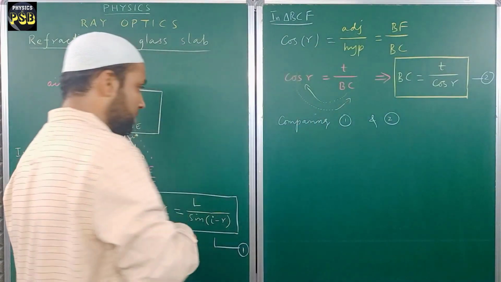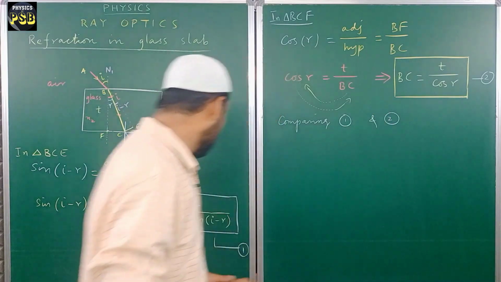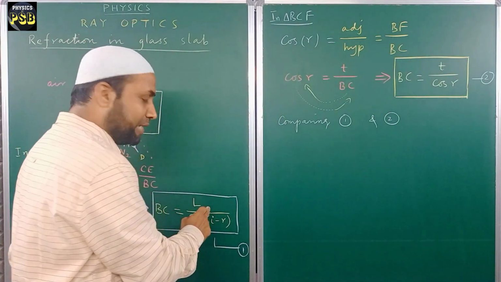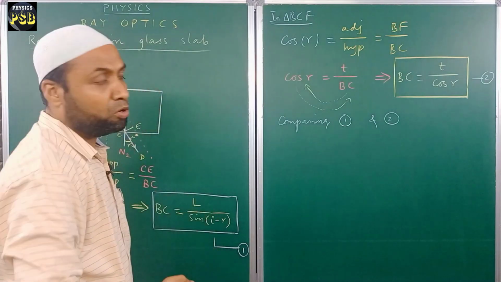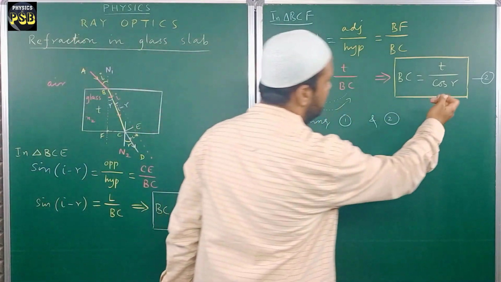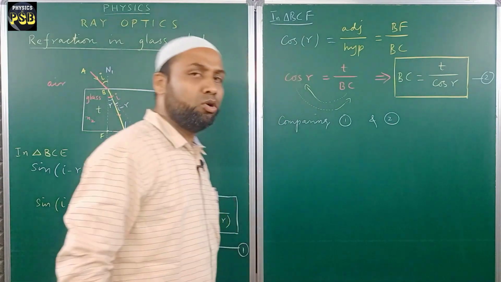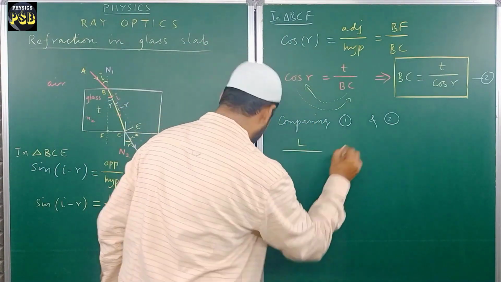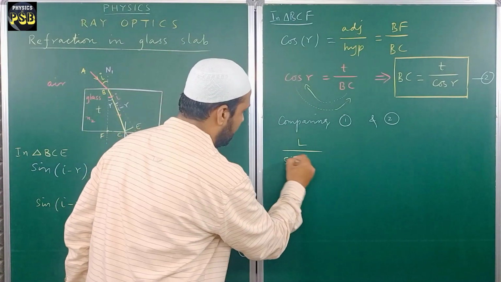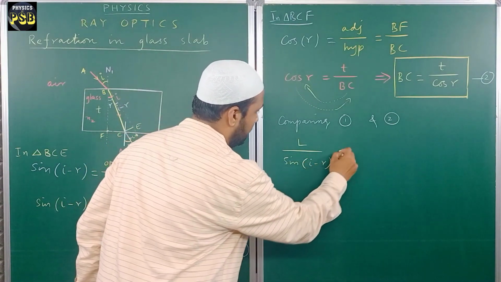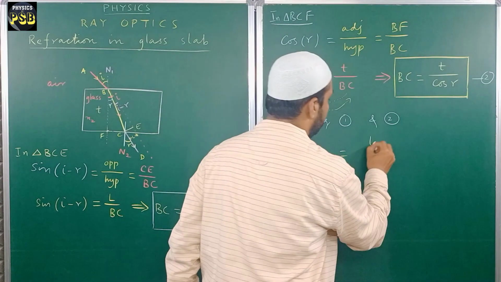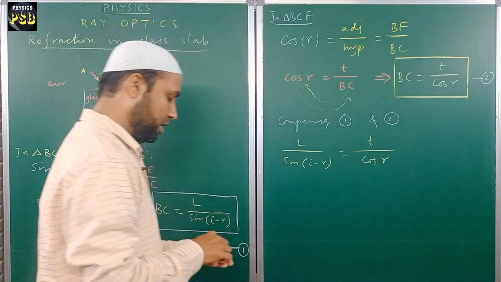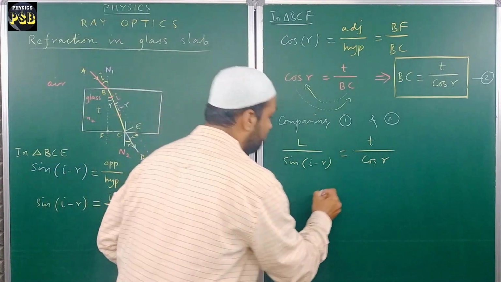When the same term is present on the left hand side, the right hand side term of equation 1 will be equal to the right hand side term of equation number 2. Clear? So we can write it this way: L upon sine of I minus R equals T upon cos of R.